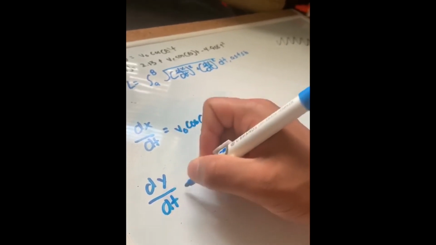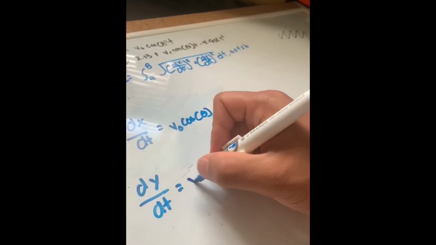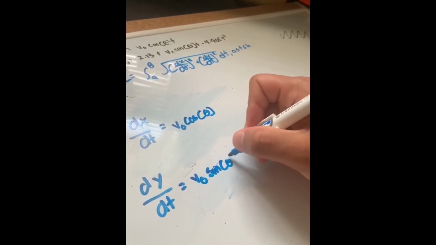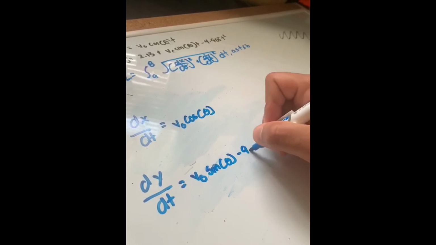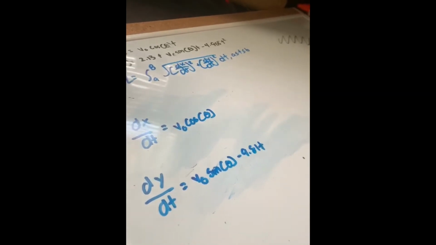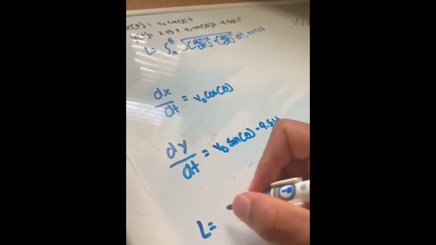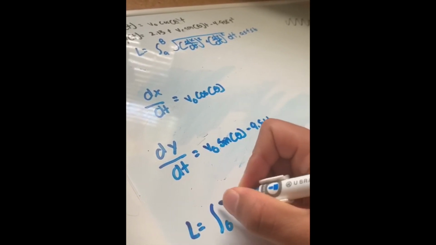So the derivative of the horizontal component is v initial cosine theta. The derivative of the vertical component is v initial sine theta minus 9.81t. I found both of these derivatives using the power rule.